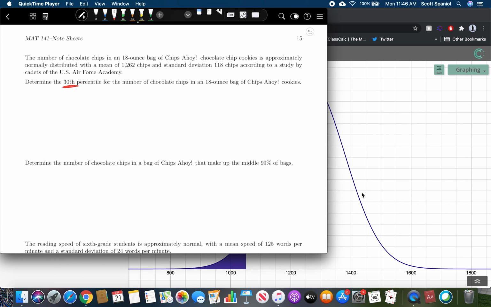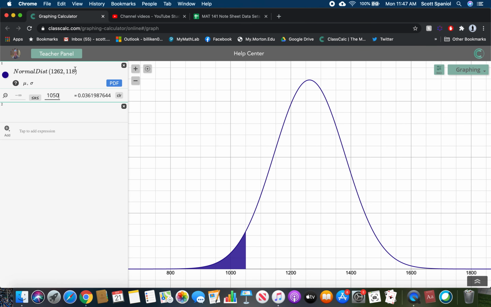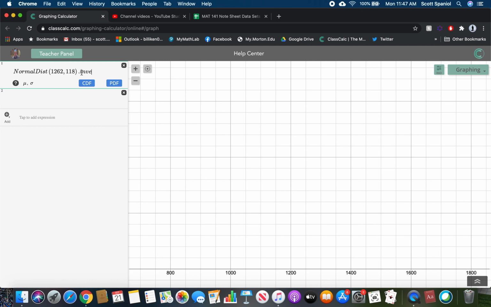So 30th percentile, remember, means 30% of the data is to the left, right? So we're going to do this exactly the same way we did some of the problems previously. We can do what we have up here, but now we're going to put in our inverse CDF, which I'll just show you where it is again.